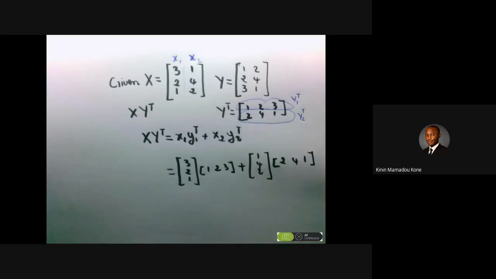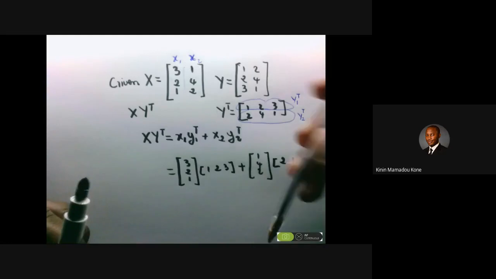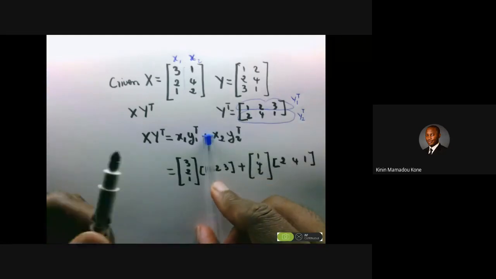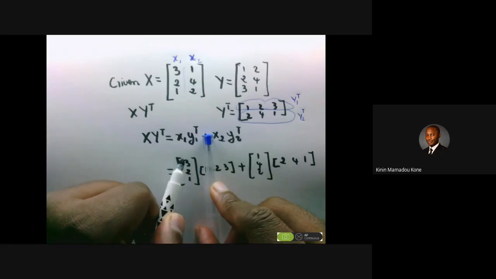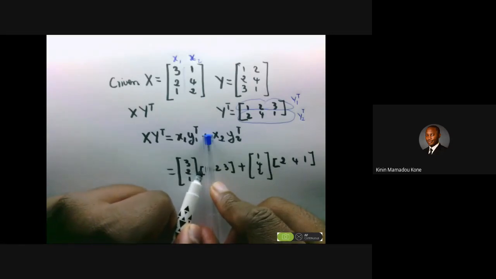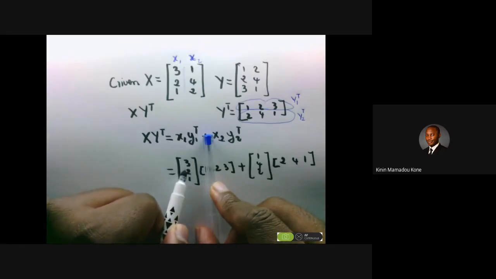Now I can do the product. I block this column and I do this row times this column and store the result in the row. This row times this column, I store the result in a row.